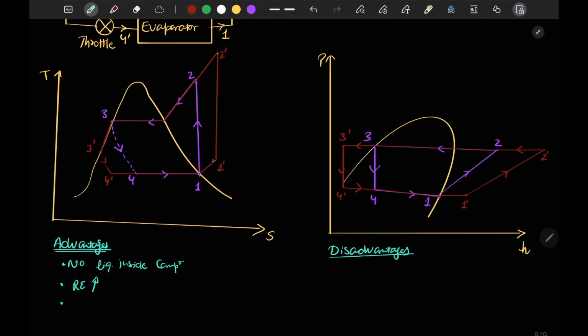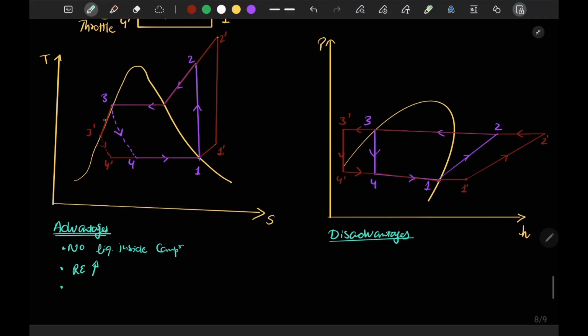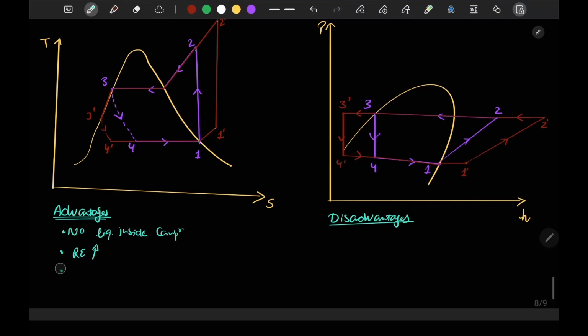And if you use your heat exchanger, this transfer of heat between 3 dash and 1 dash can be done at a lower temperature, that is T1. Okay.